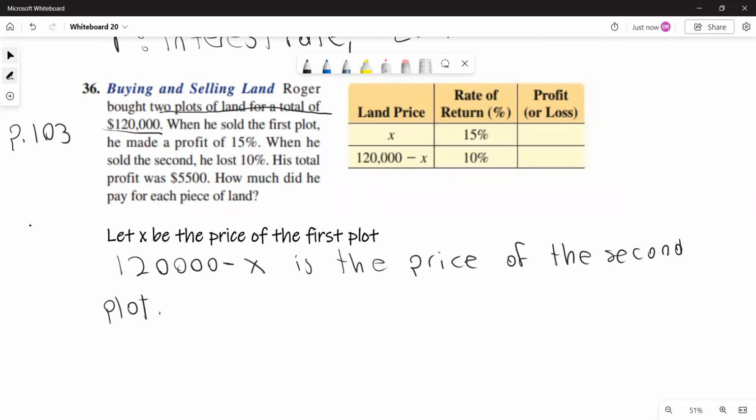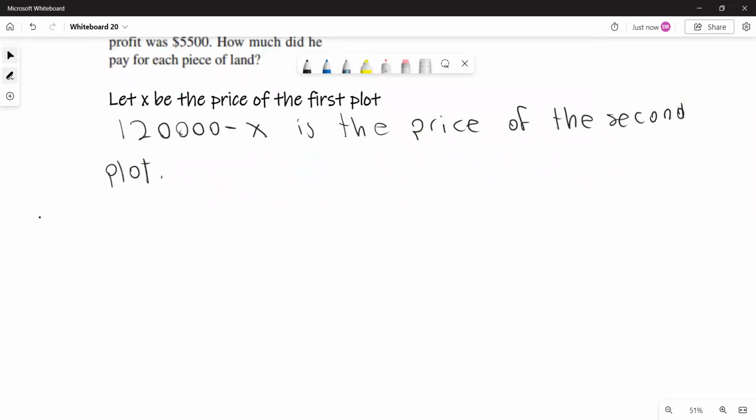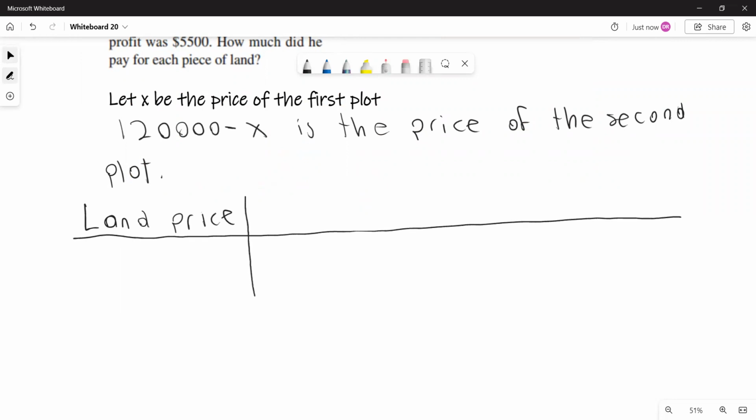The rate of return was 15%, and in the second one he lost 10%. So we have the land price, the rate of return as a percent, and the profit or loss.